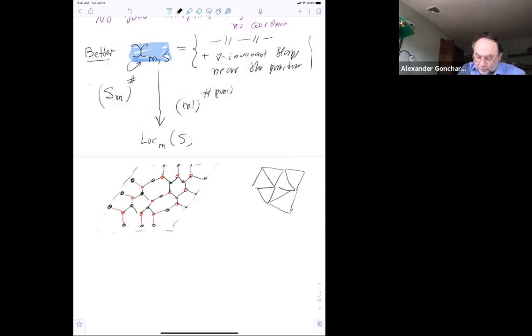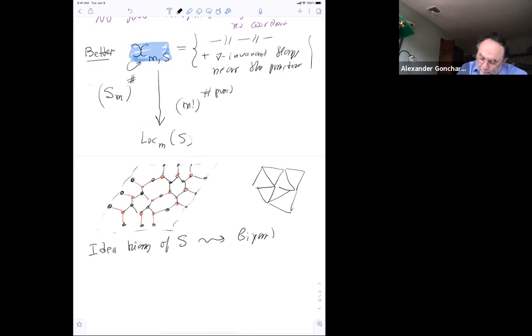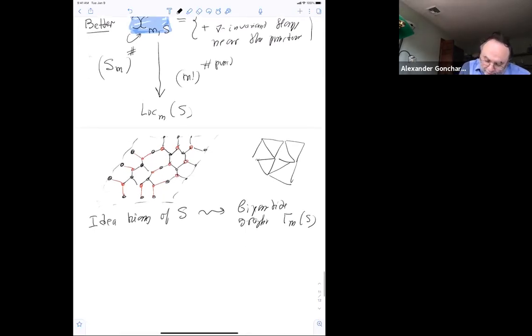And so all in all, if you have an ideal triangulation of S, then you get some bipartite graph which can be called gamma_m of S. And now there is a theorem.